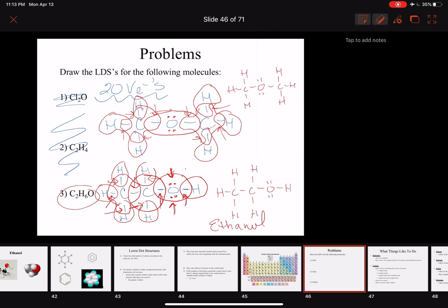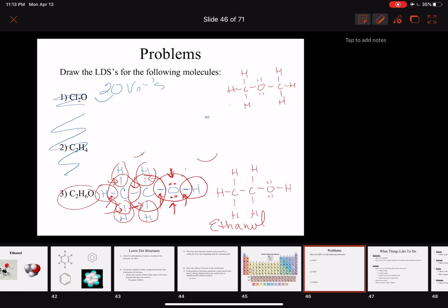Now, what would have happened if you would have put some bonds in other places? Well, let's take a look at that. So what would happen if we had this structure and we had 4 valence electrons left over, and instead of lone pairs, we went ahead and double bonded the oxygens to carbons?